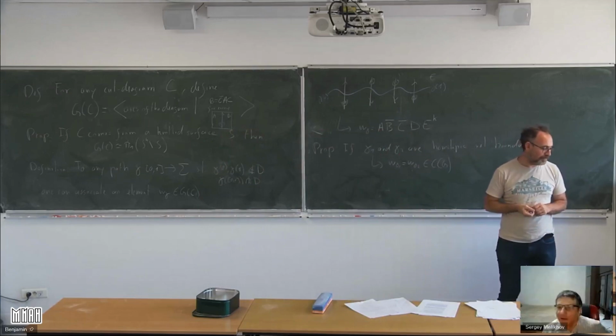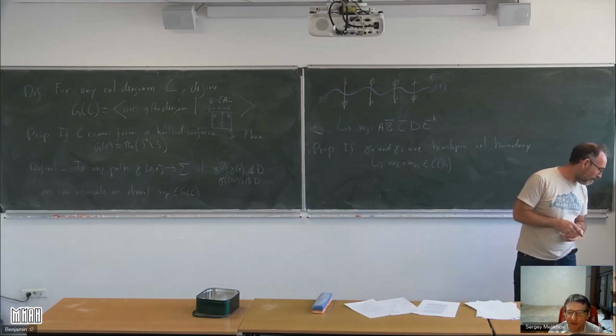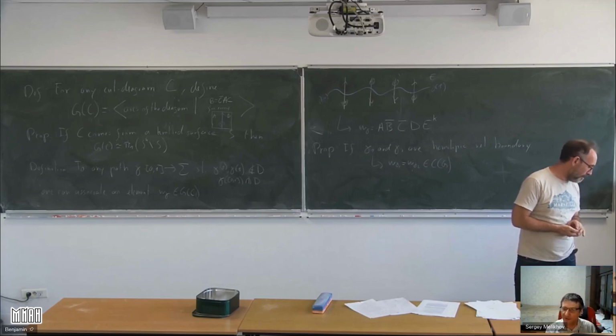Okay? So geometrically, when you have a path like that, I assume that you push off the endpoints up. You push them up and connect to the base point, which is somewhere at the top. Is that correct? Yeah. Okay. Thank you.